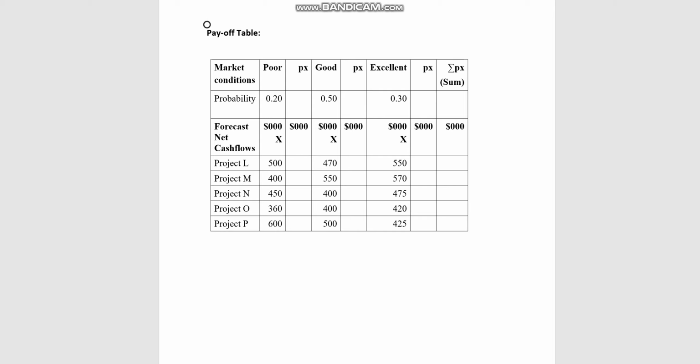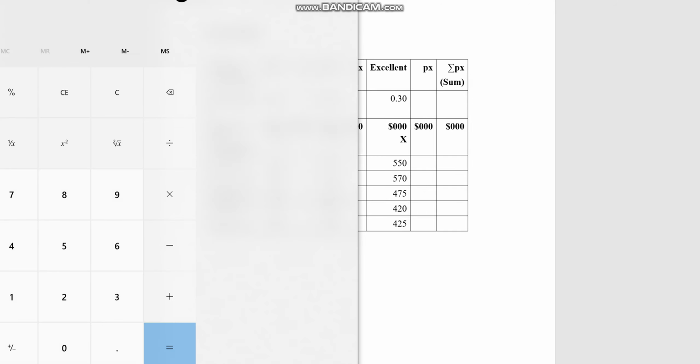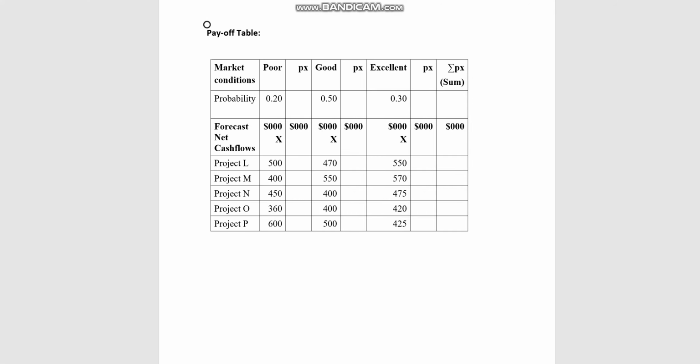So all I need to do is pick up a calculator, and all I'm going to do is multiply P by X. So for example, if you can focus here, first of all, I'm looking at the poor market condition. So 0.2, I'm going to multiply by project L outcomes, which is 500. Just one or two numbers I need to show you, the rest you can easily work out yourself. 0.2 times 500, I suppose everybody says 100.